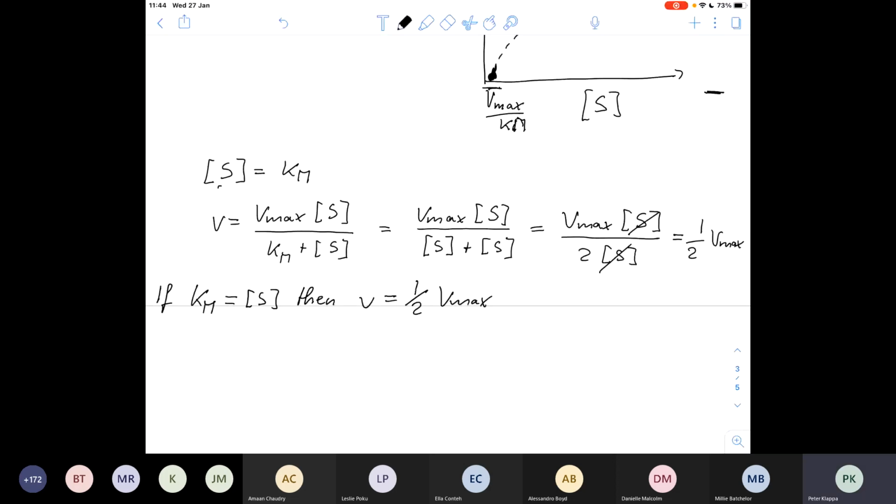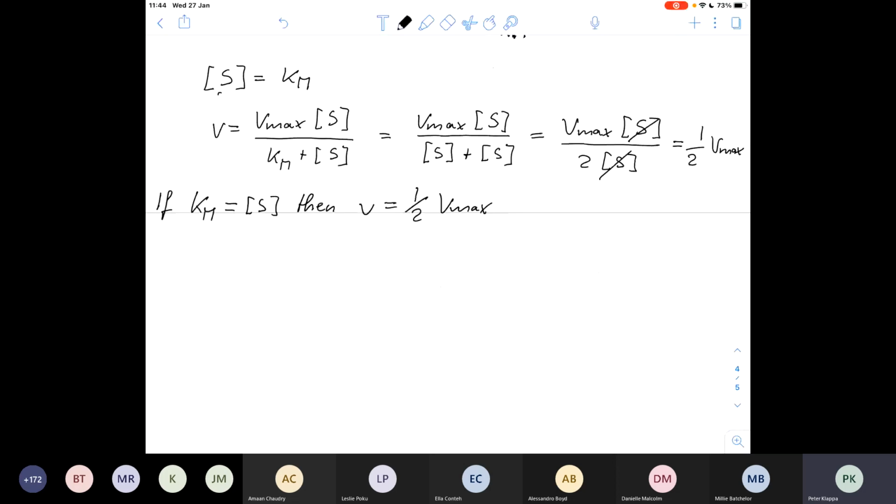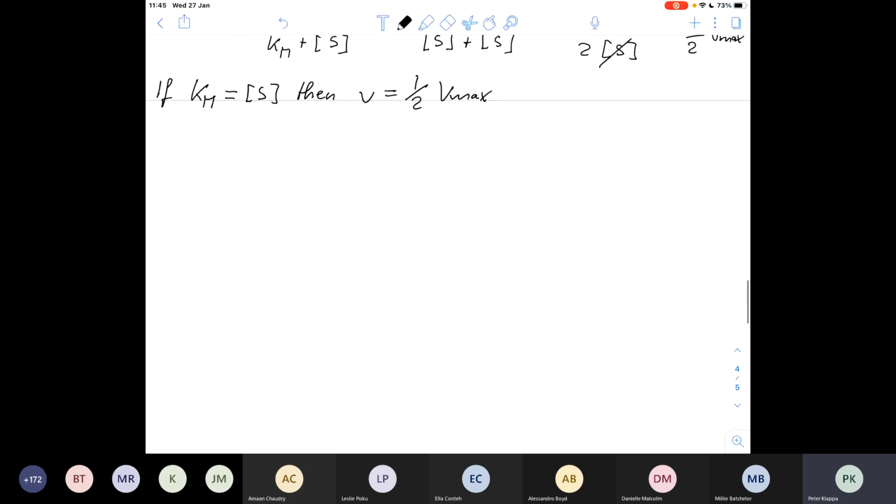Yes, Edith, absolutely right. Did you understand what it means? Probably not so much. So now you do. Hey, great learning opportunity. Fantastic. So when our substrate concentration is identical to Km, we reach 1/2 of the maximum velocity.